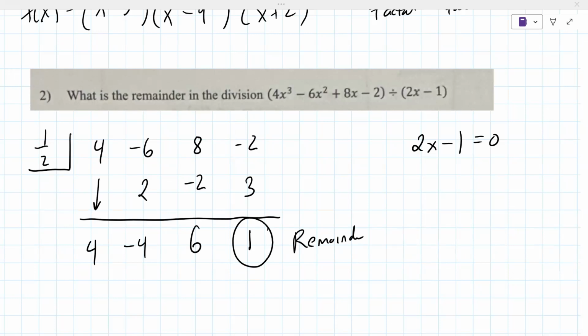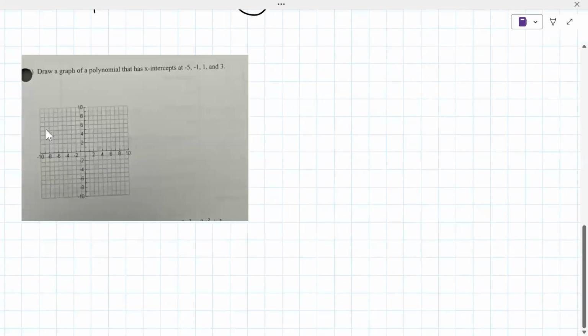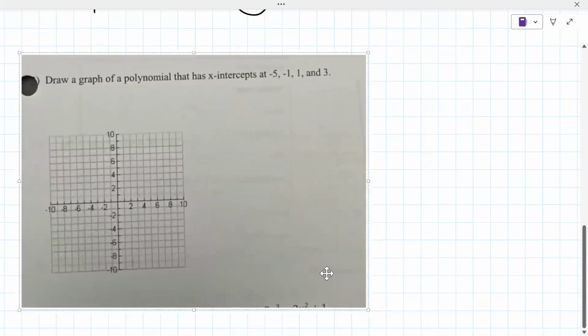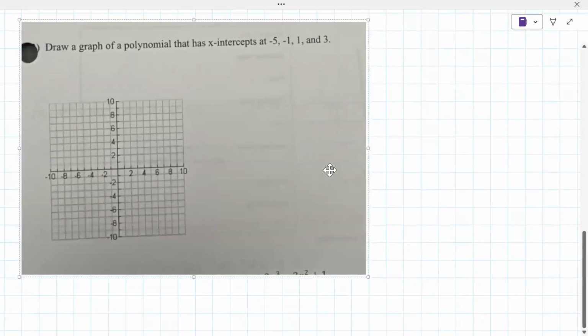All right, so the next question here is to graph. An x-intercept means that it crosses or touches at that value.